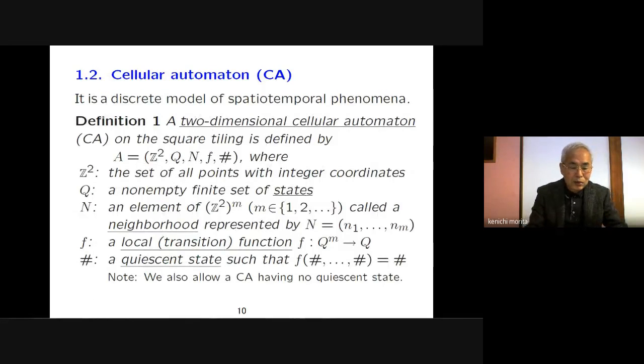A cellular automaton is a discrete model of spatial-temporal phenomena. Although you may know cellular automata very well, here I describe a definition of a cellular automaton on the square tiling.